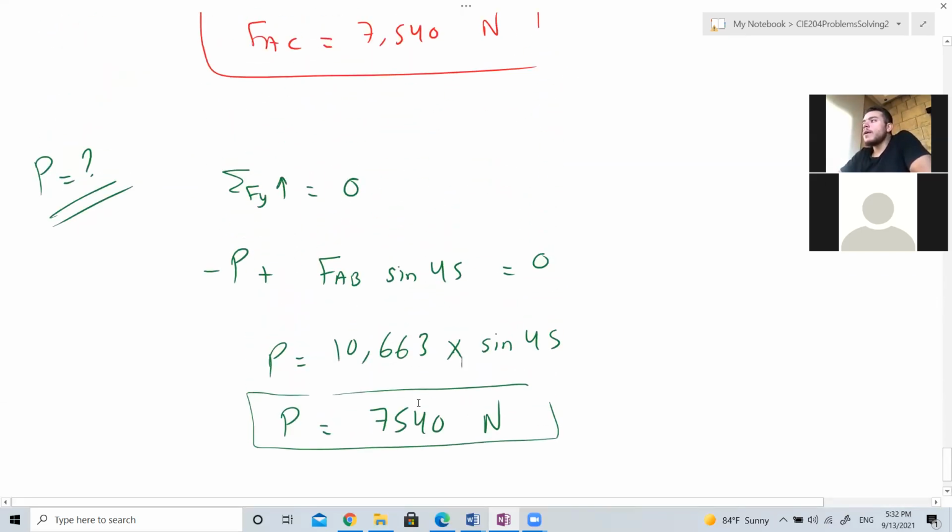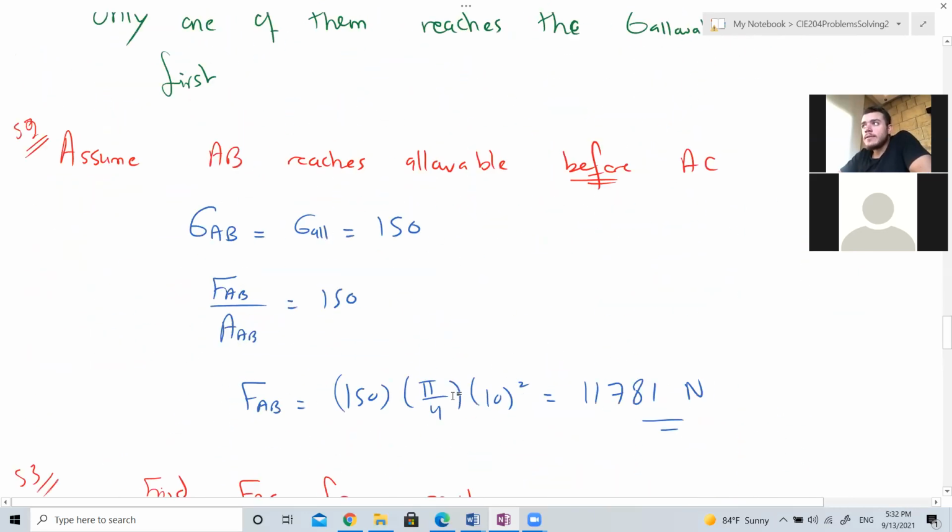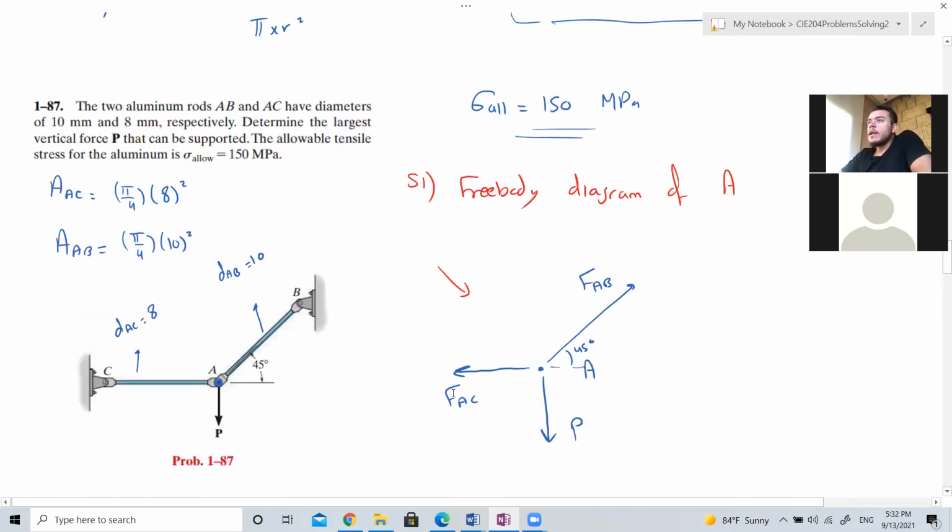So what did you learn from this exercise? When you have two unknown forces and one allowable stress, we cannot assume that both bars reach the allowable stress at the same time. We have to assume that one of them achieves the allowable before the other.